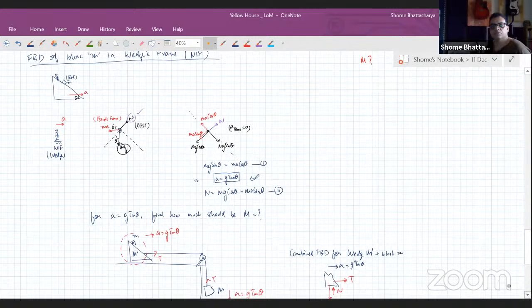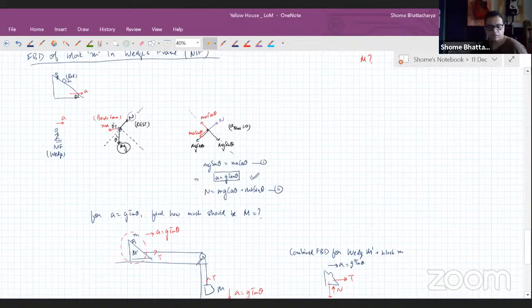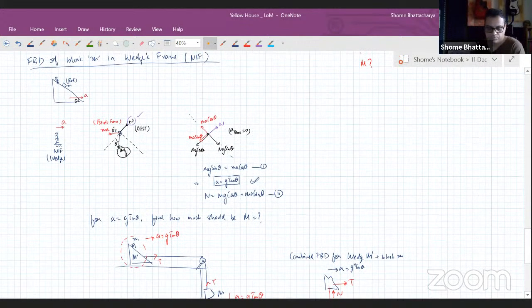And the next stage is we substitute that in the next set of FBDs to find out capital M. Also the answer is given in the form of cot theta. So for that we'll just have to replace tan theta with 1 by cot theta. I'll explain how that's happening also, but that's very easy.